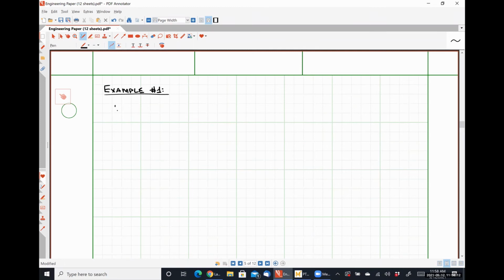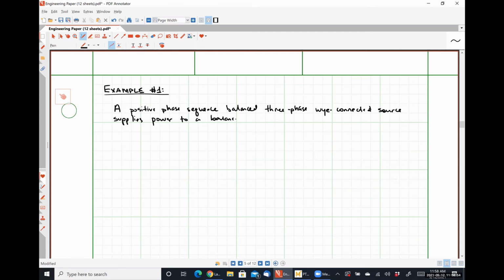So in this problem, we have a positive phase sequence, balanced, three-phase, Y-connected source that supplies power to a balanced Y-connected load.